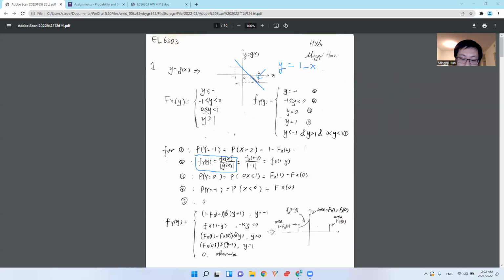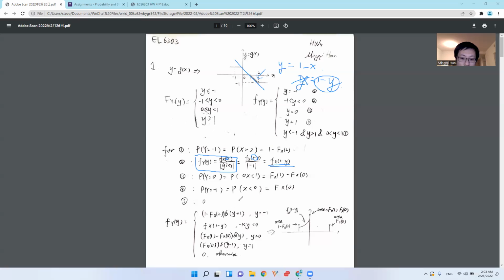So in terms of y, x is 1 minus y, and we plug it in over there. The g prime of x is just -1. We have this value. Now, circle 5 is just 0, not defined.